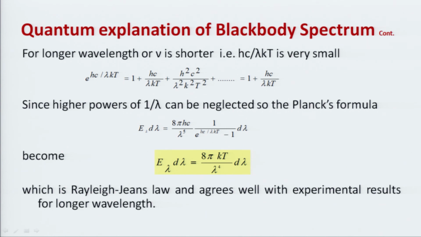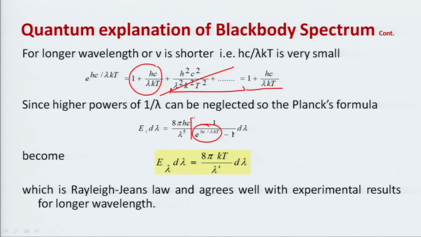So, we are just replacing the e to power h c by lambda k t with a series, and if lambda is very large, these higher values are very small and can be neglected, and so we have only this value: e to power h c by lambda k t is equal to 1 plus h c upon lambda k t. And when we put this value here, 1 will be cancelled out and we have h c by lambda k t.